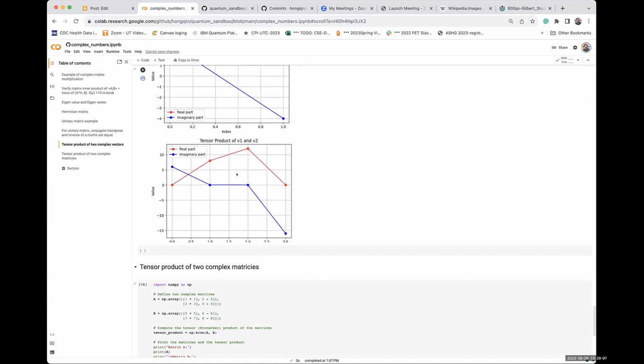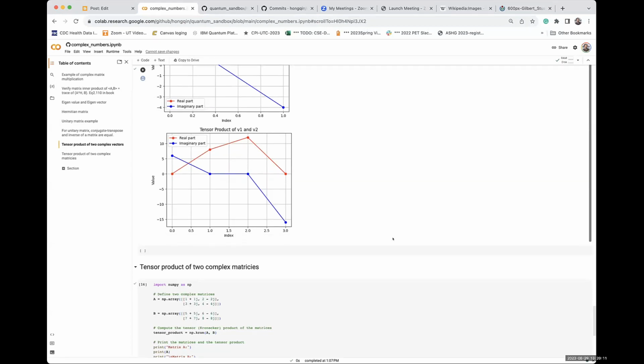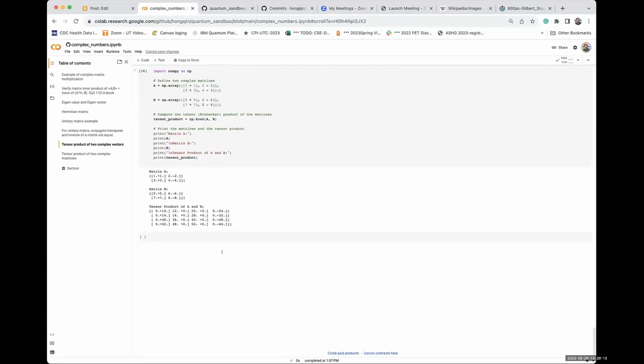And these are just for two tensor vectors. If it's a matrix tensor product, that will be even more complicated. 2 by 2, 2 by 2 now become 4 by 4. I'm not sure how to visualize that, it would need multi-dimensional visualization.